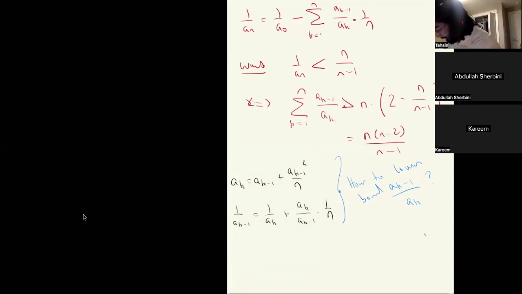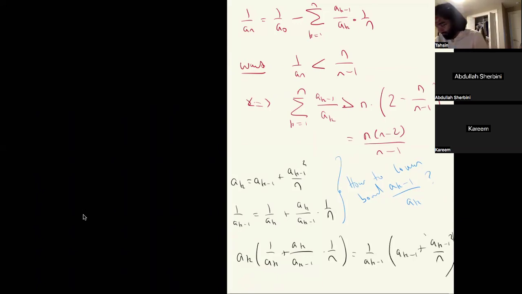So you want to do something like a_k times 1 over a_k plus a_k over a_{k-1} times 1 over n is equal to 1 over a_{k-1} times a_{k-1} plus a_{k-1} squared over n, like this. Yes. Let's see.